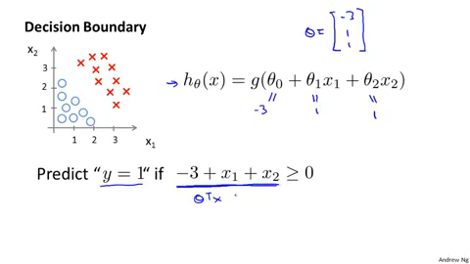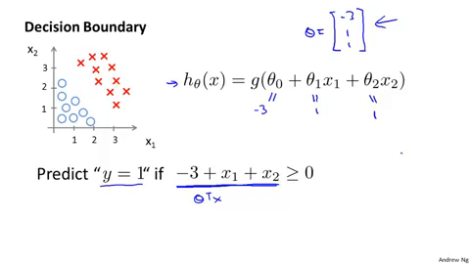And this formula that I just underlined, minus 3 plus x1 plus x2, is, of course, theta transpose x when theta is equal to this value of the parameters that we just chose.